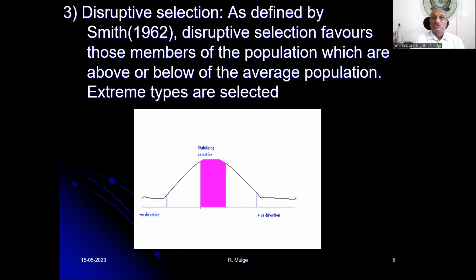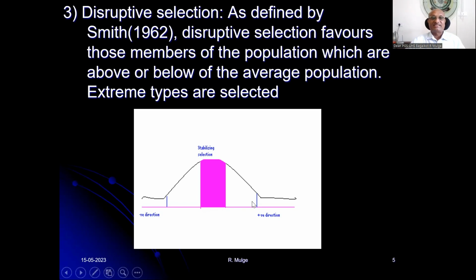Disruptive selection favors those members of the population which are above or below the average of the population. That means near 0 also you are selecting plants, and near 100 also you are selecting. Those individuals are selected and pushed to the next generation.